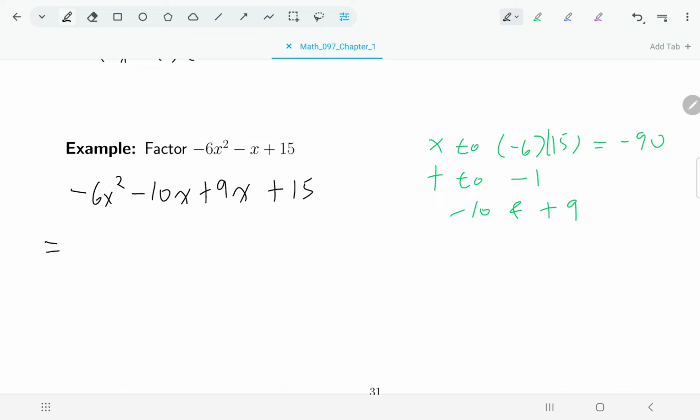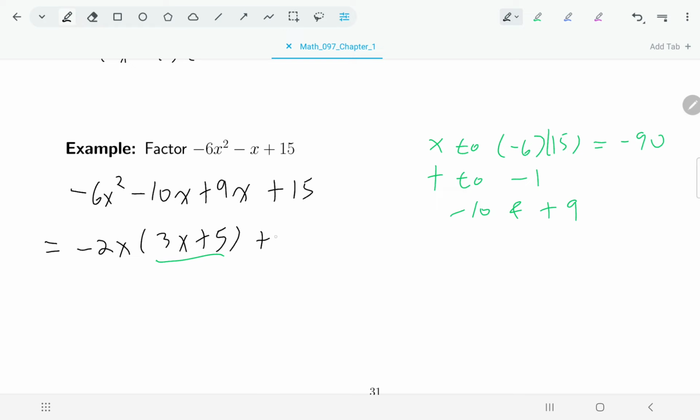From the first two terms, I could factor out a negative 2, and I could also factor out an x, and that would leave me with a 3x plus 5. And so, again, my goal is from the last two terms to have the same thing left behind. So from the last two terms, I want to see what I can factor out to leave behind a 3x plus 5.